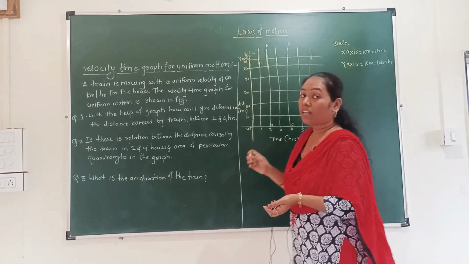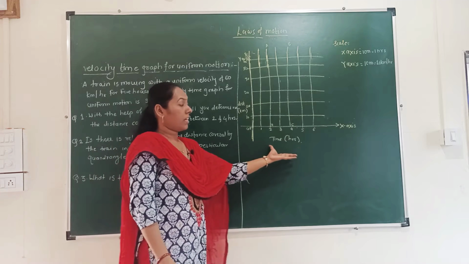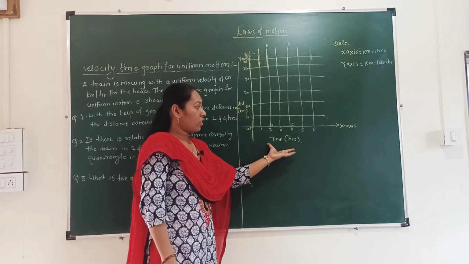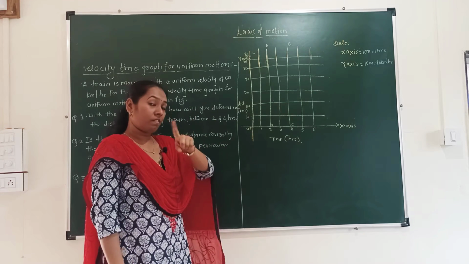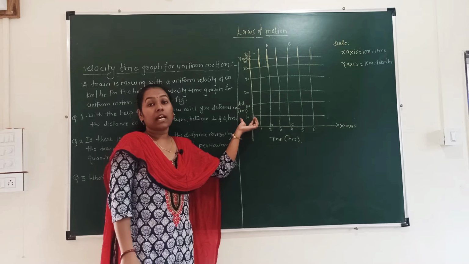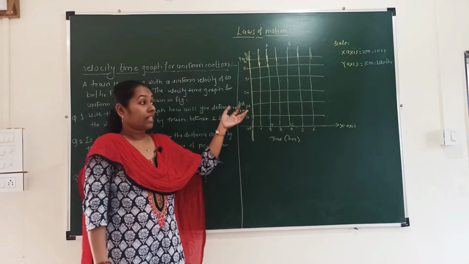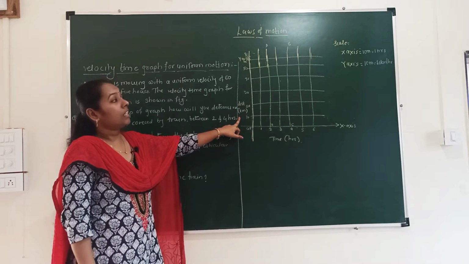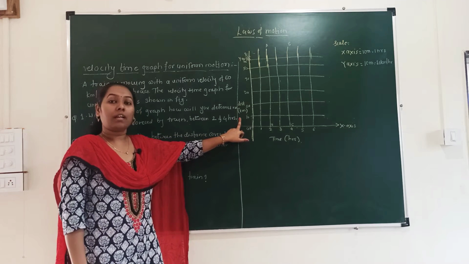Do all of you understand what the scale is? On the x-axis here is the time, and time changes by 1 hour per 1 centimeter. On the y-axis, for 1 centimeter it is 10 kilometer per hour.